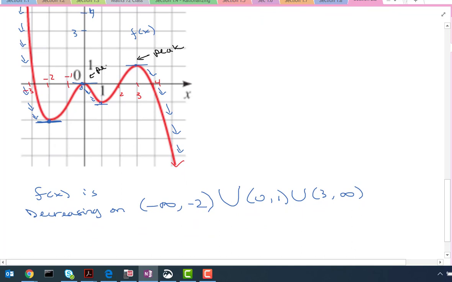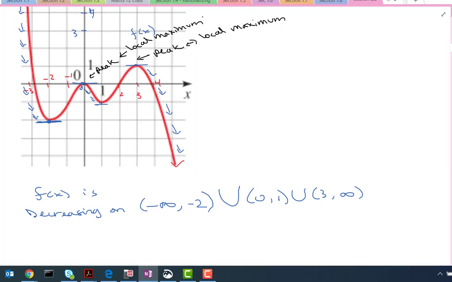So that's a peak. They are also called local, this is a local maximum. And so this is a local maximum as well. Local meaning you're essentially zooming in on that interval. And so that's why it's a local instead of an absolute or universal maximum.